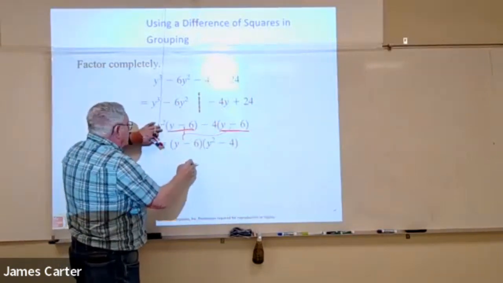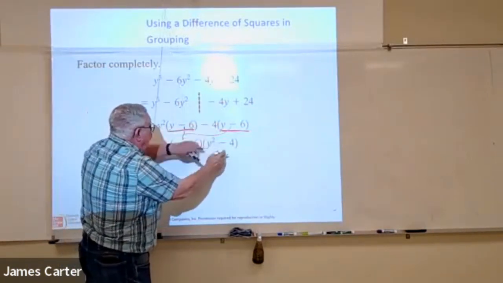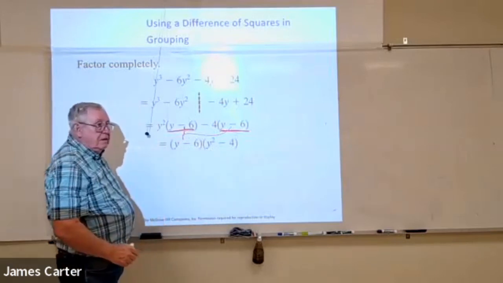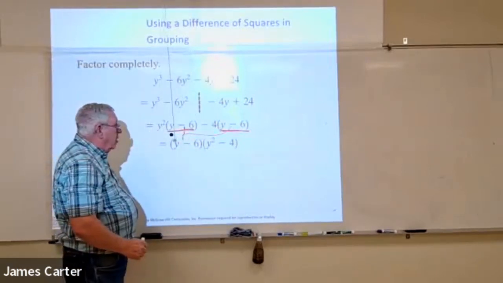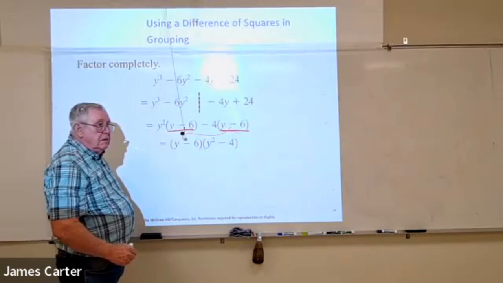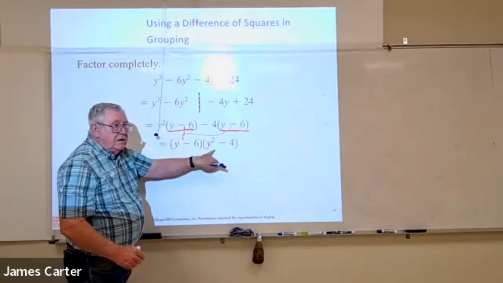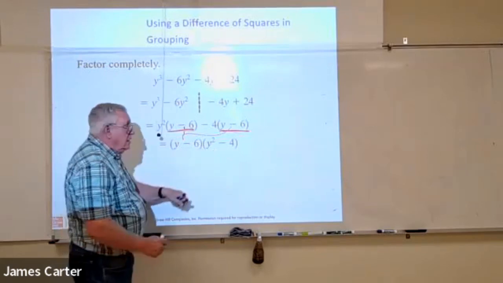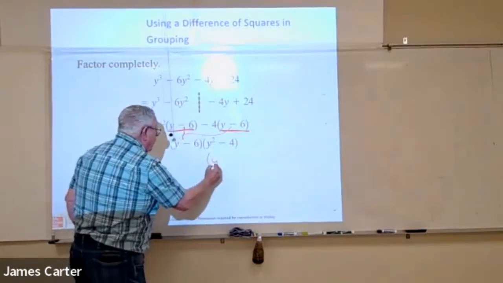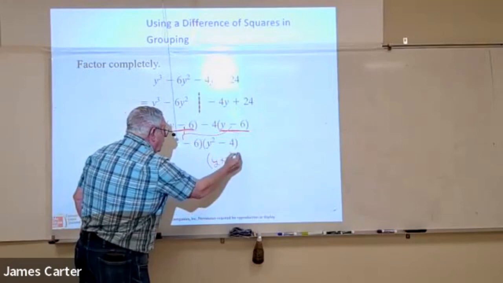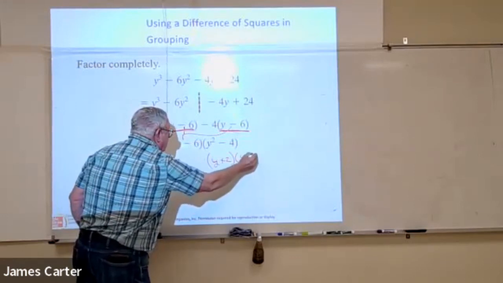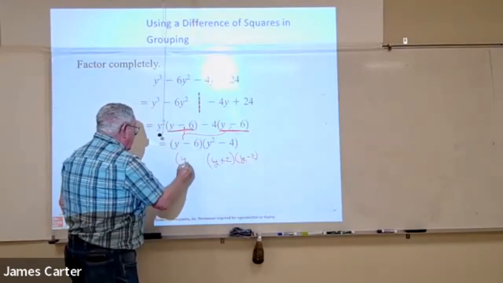What does that leave us? Y squared -4. Now, are we done? Probably not. I've got a conjugate here, don't I? So this will break down farther into y +2, y -2, and then I've got this one that I just bring down.